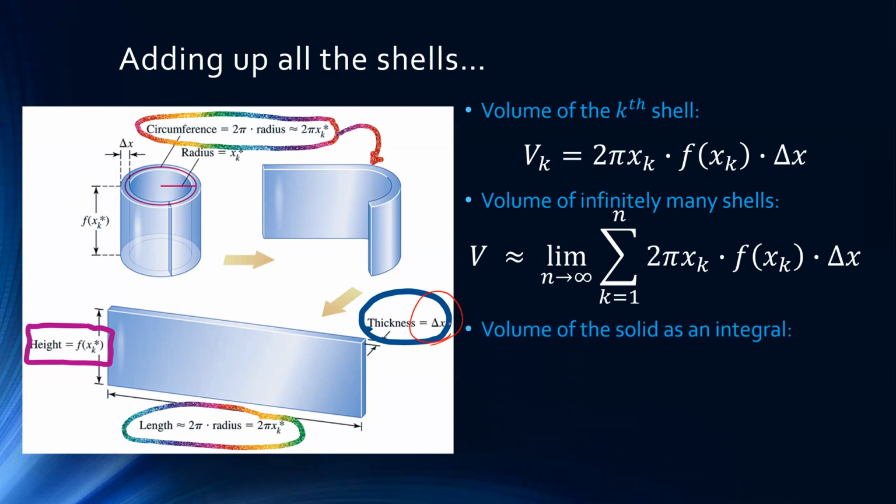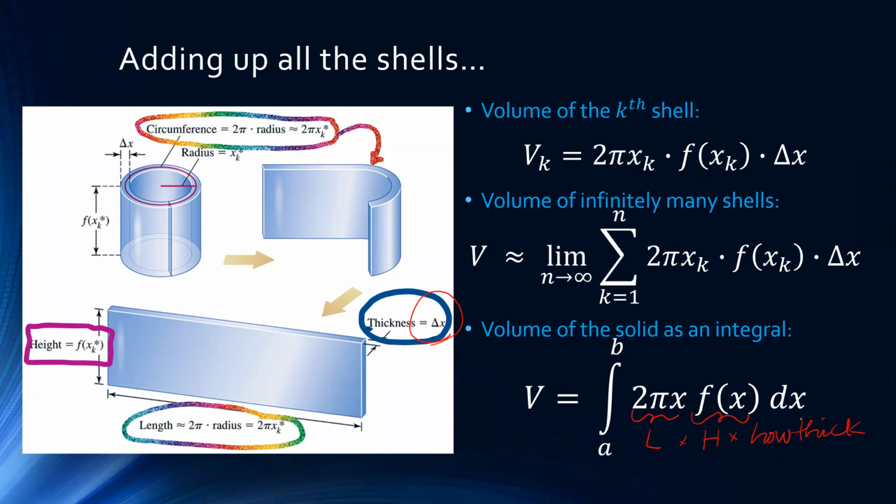That integral goes from a to b of 2 pi x, that would be your length, times the height, and then times how thick. And that is the general idea of what it means by finding volume by shells.